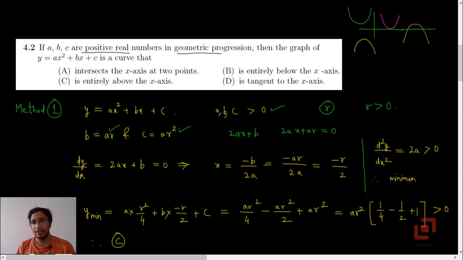It can be either maximum like this, or it can even be minimum like this. So the first derivative should be equated to 0, which gives x as minus b upon 2a, and if you replace b by ar, x is going to be equal to negative r upon 2.